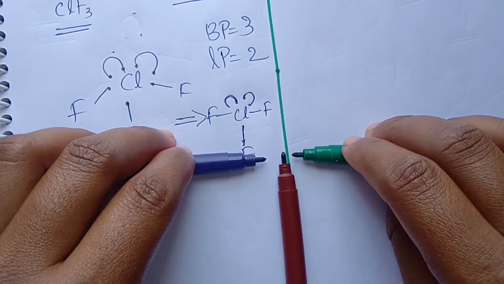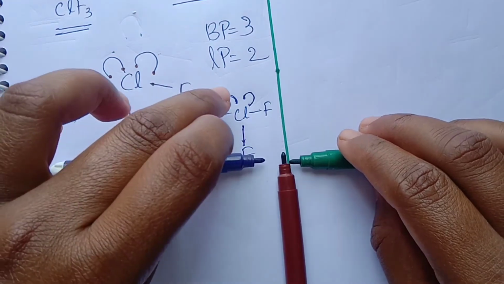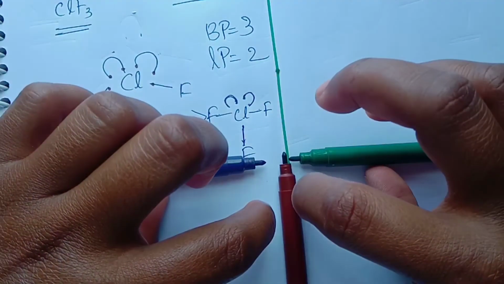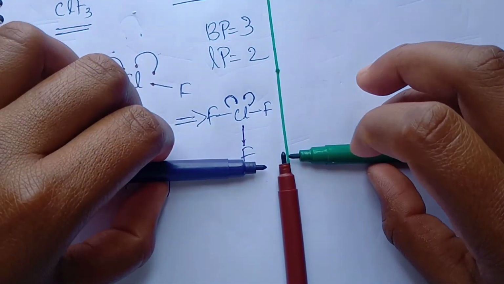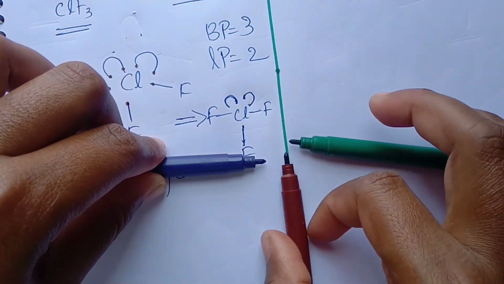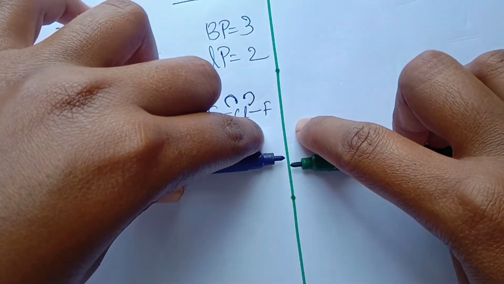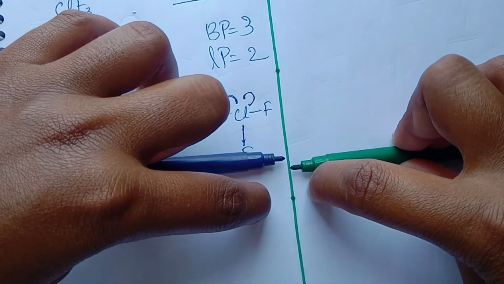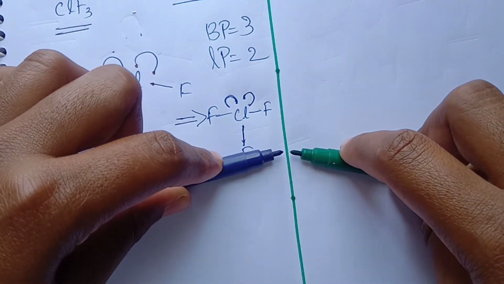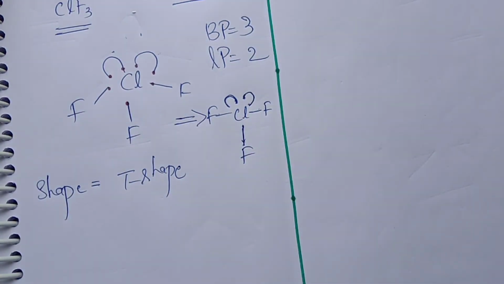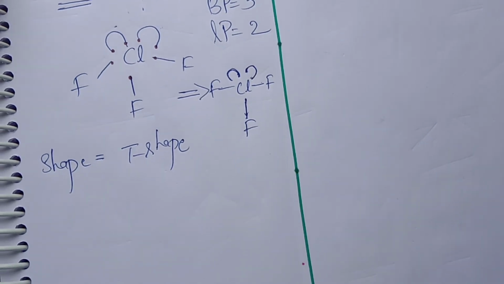So this repulsion is absorbed by one bond pair, then it acquires a T shape. If we look at H2O, this is also a lone pair, this is also a lone pair, so in that way it takes a bend shape, but in this way it acquires a T shape. Okay, there is no confusion, right?